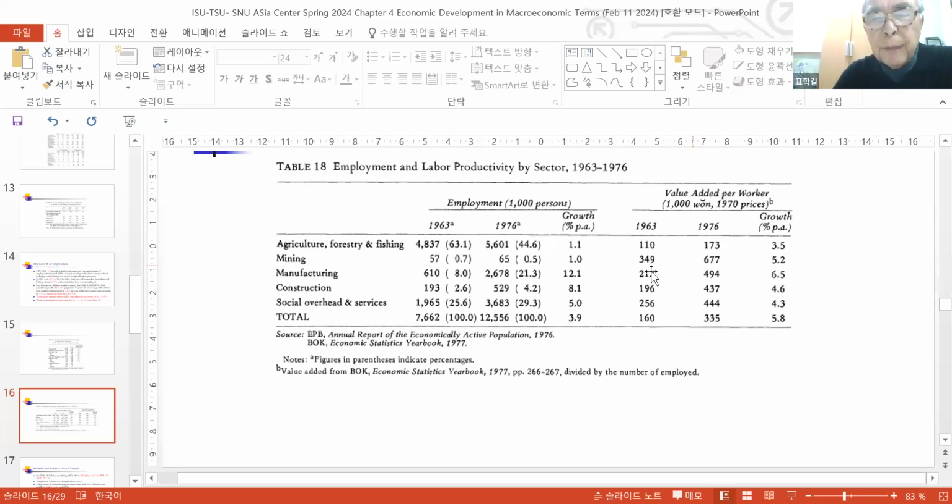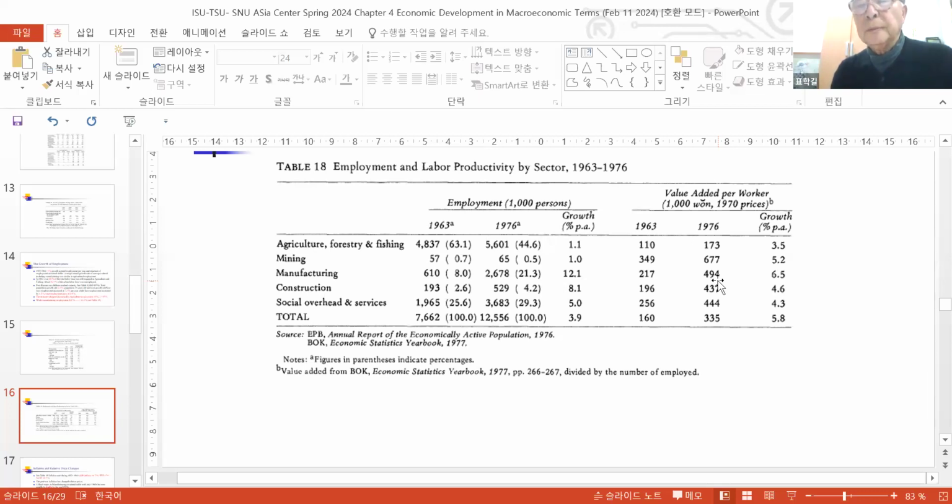So if you think of manufacturing, out of 1,001 GDP, manufacturing produced 217 in 1963. In 1976, out of 1,001, 501, almost 494, one out of 1,000, 49% or 50% of value added per worker was created in manufacturing.